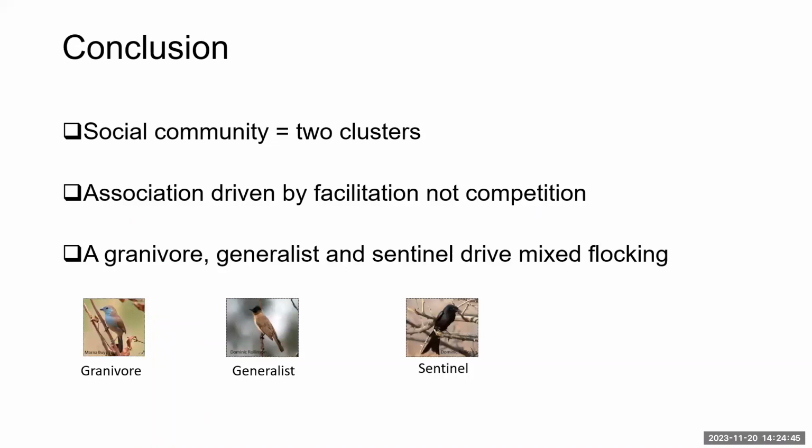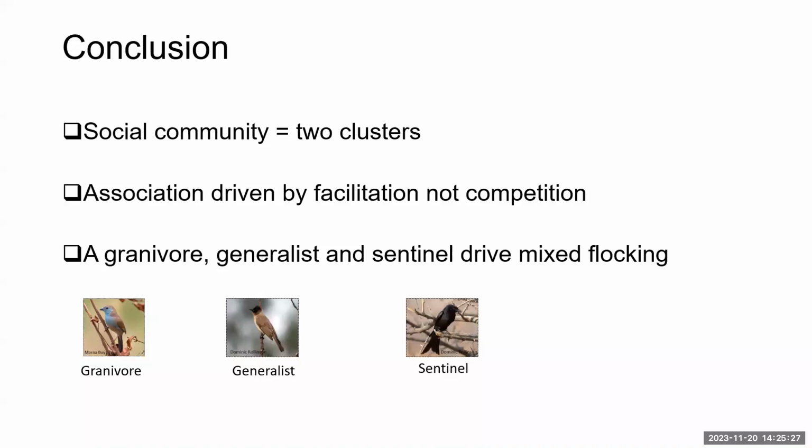So the take home from this part here is that our social network is structured by two clusters, generally ground foragers and canopy foragers. And the association in the social network is driven by facilitation. So similar species are seeking to flock with others. Also that these different nuclear species influenced our community.